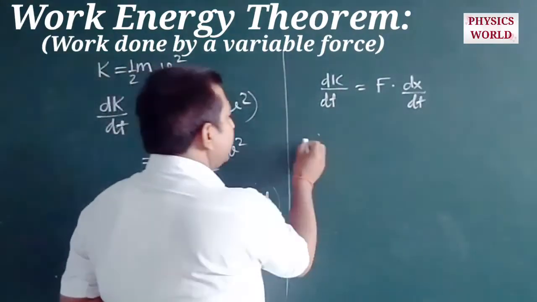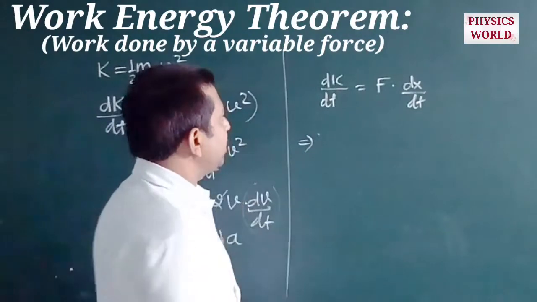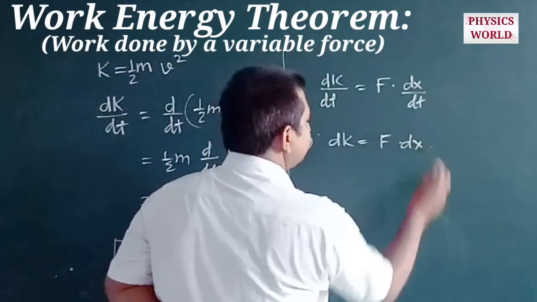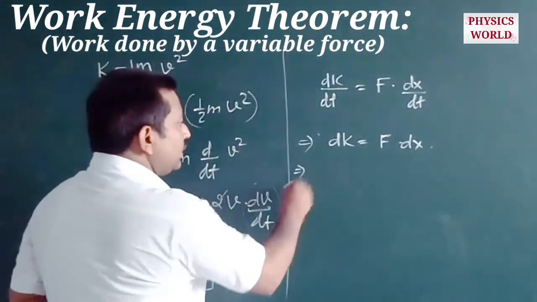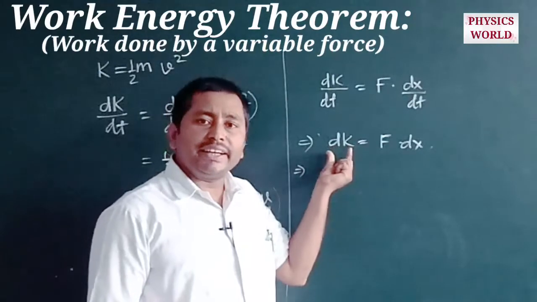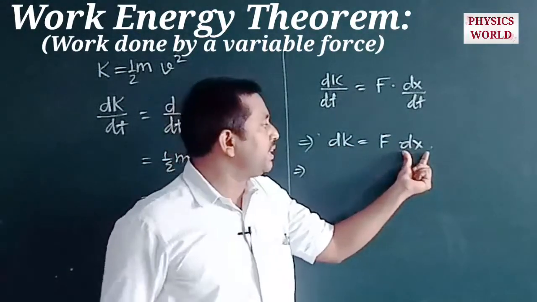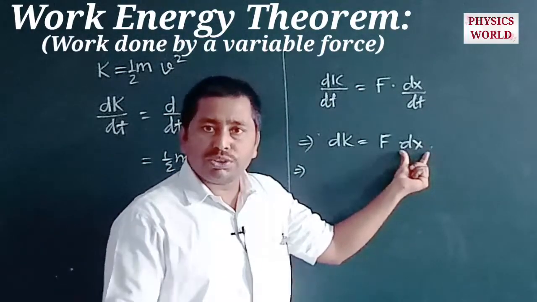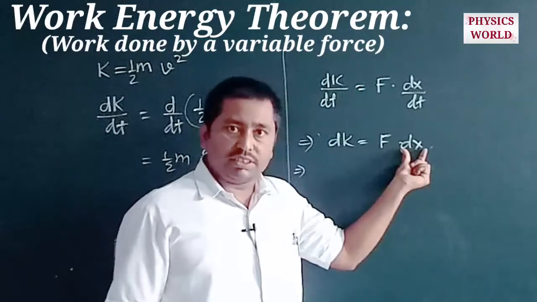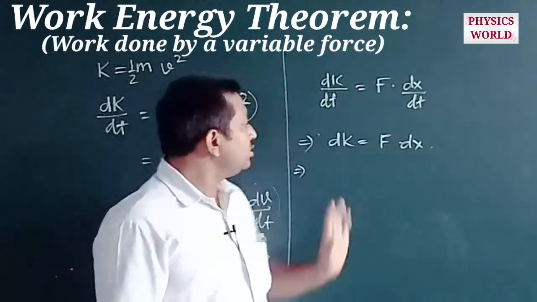If we multiply by dt on both sides, we get dK is equal to F dot dx. This provides a small change in kinetic energy when the object changes its position by a small displacement dx, and at that displacement the force acting on the object is F.